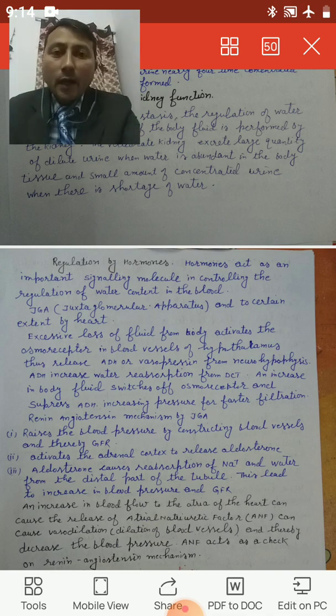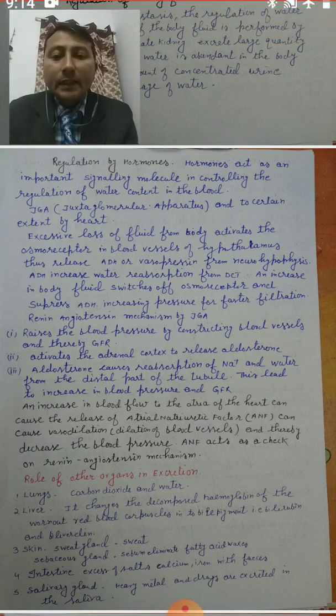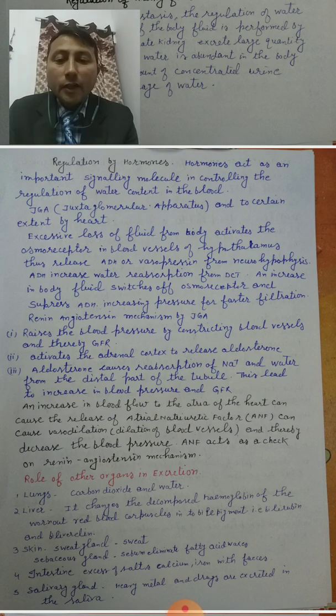We know that hormones are chemical messengers. They act as important signaling molecules in controlling the regulation of water content in the blood. There is an apparatus called the juxtaglomerular apparatus, and to a certain extent the heart is also involved.